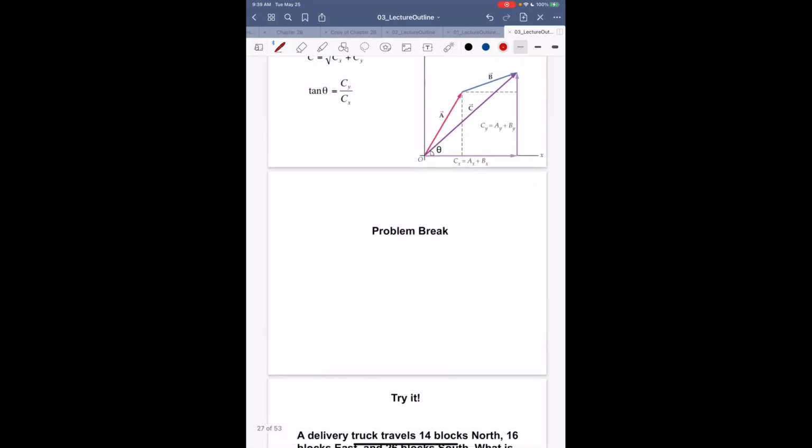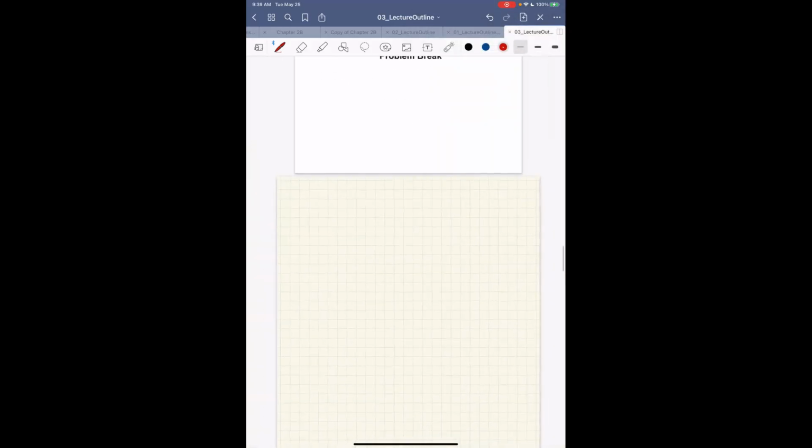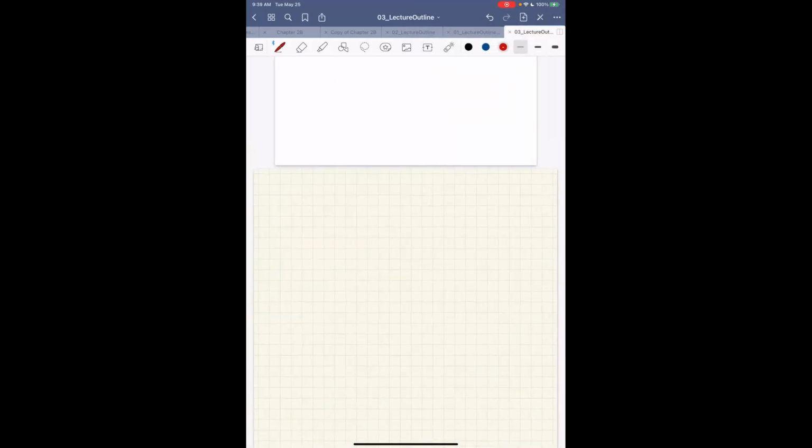Okay, I want to show you how I'm going to solve one problem. I'm going to add two vectors. The first thing is, okay, this is my A, and my B is here.